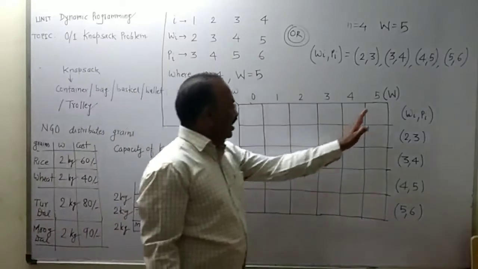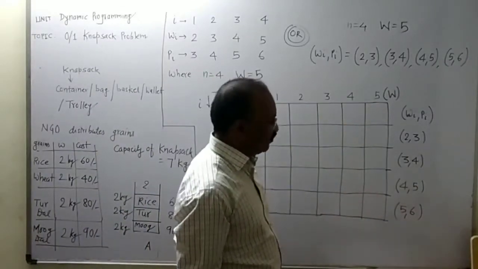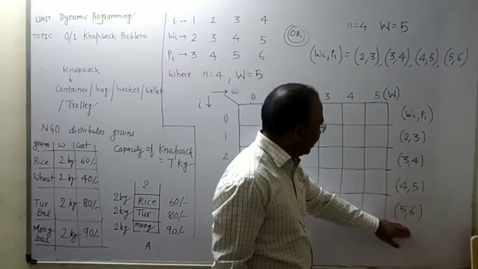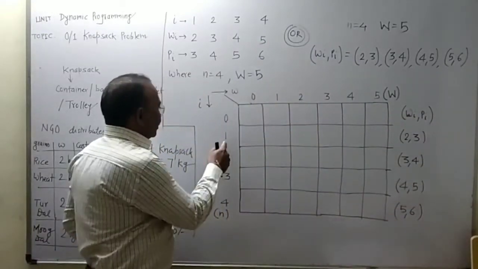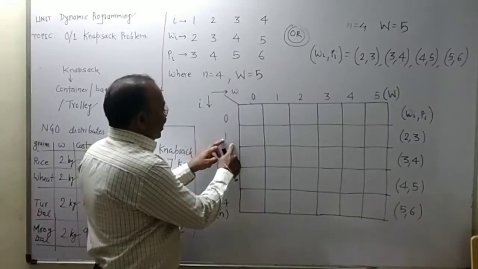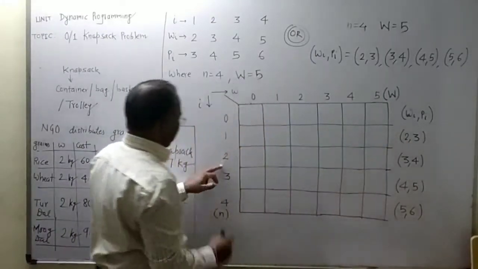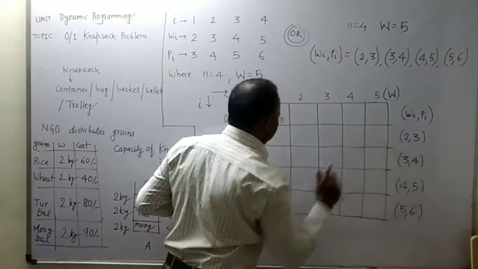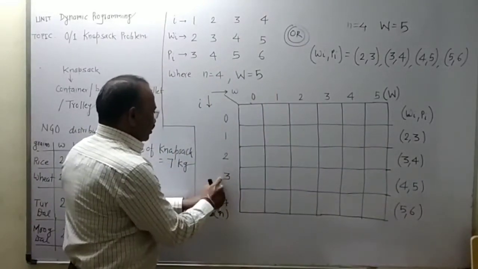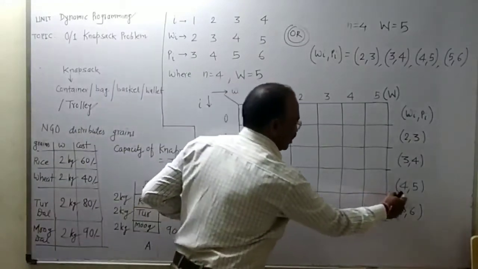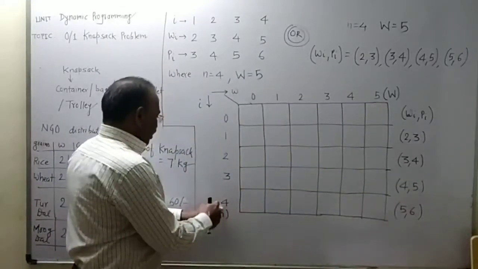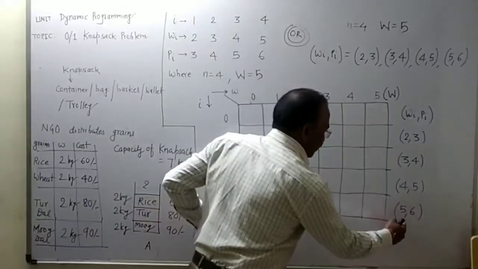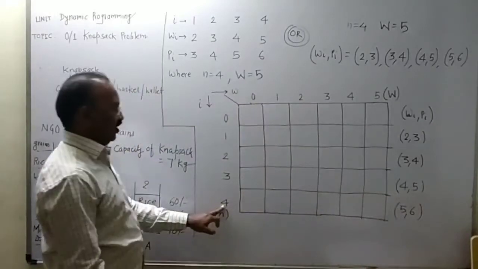Now after the last column we have to specify the weight and profit of all 4 objects, right? Here 1 is nothing but the first object, whose weight and profit are specified here. Here 2 is the second object, and its weight and profit are specified here. 3 is the third object, and the fourth object's weight and profit are given here, right?